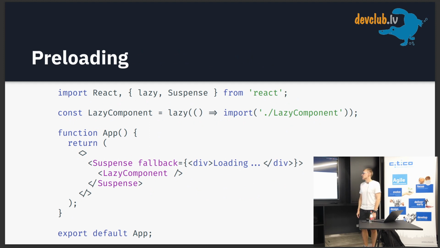And preloading. That's the code example which we just saw from the initial React Lazy example. It's very straightforward. The idea of preloading is that you preload a specific component.